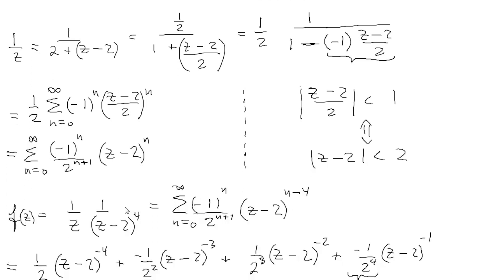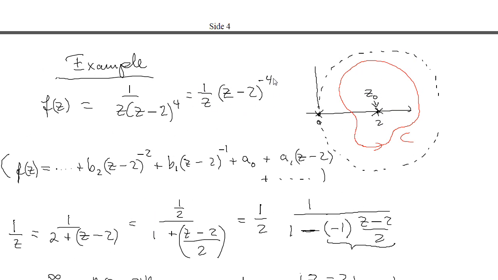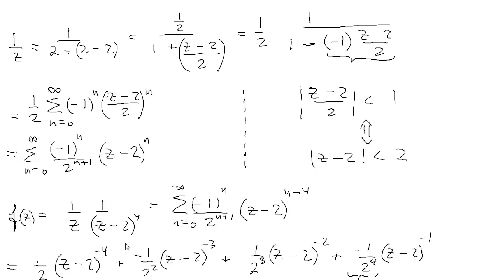Okay, now I'm reaching the goal very soon, because I have this expansion for 1 over z, which is this expression, and I can multiply each term by 1 over (z minus 2) to the power of 4. This was the original function f of z. So I now just multiply each term in this power series with (z minus 2) to the power of minus 4.